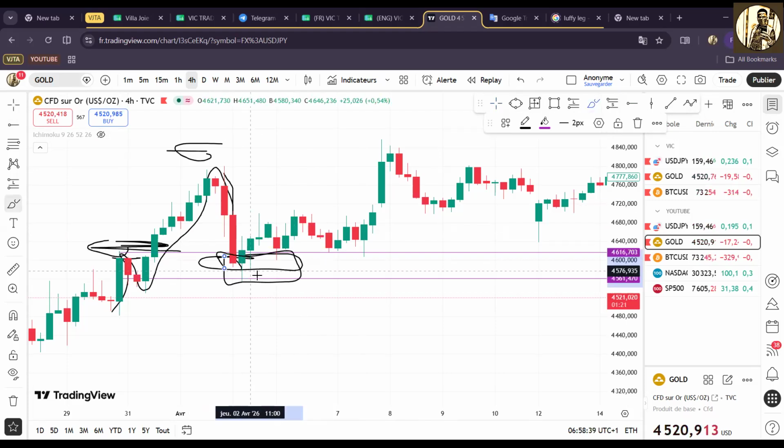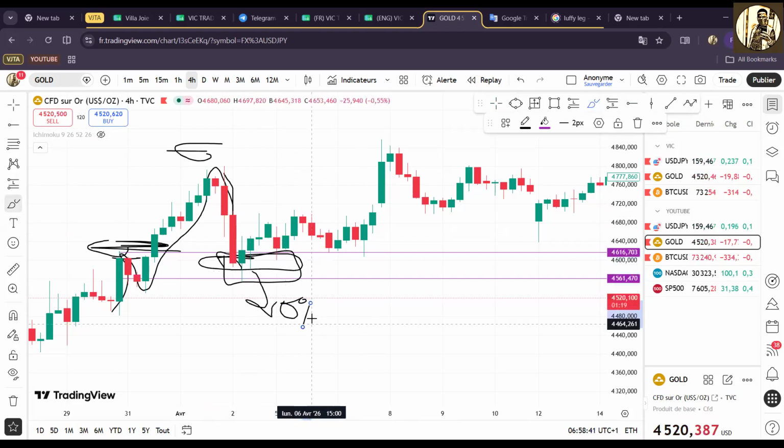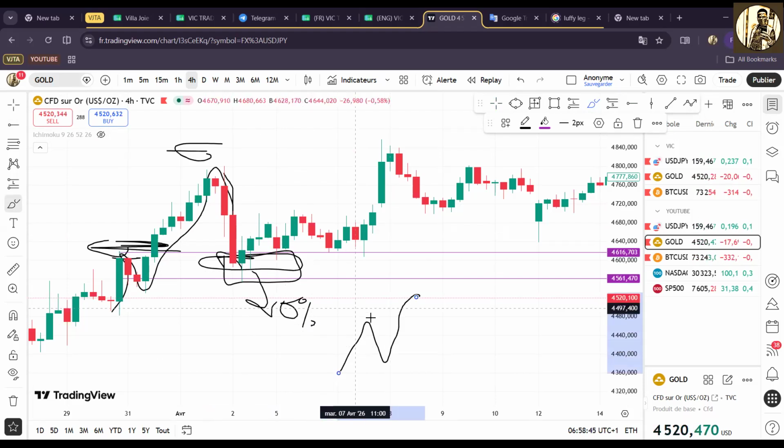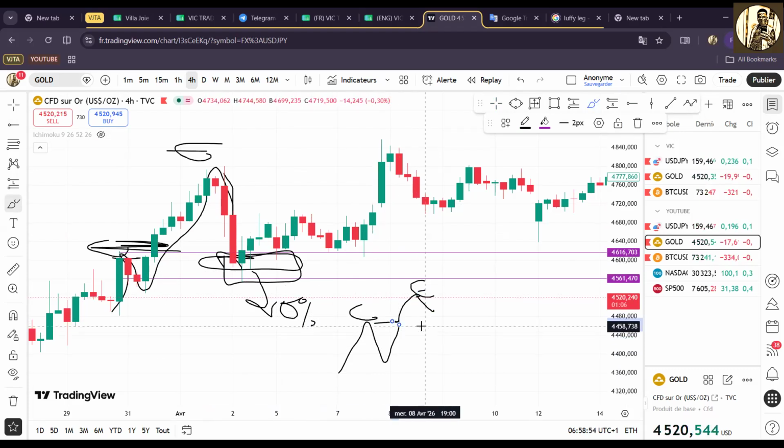That is the zone. It has zero probability to go down. Why is the probability zero to go down? Because when the Mount Everest breaks the Mount Cameroon like this to the upside, this break of the high to the upside is a graphical proof that when the price falls down, you have zero probability to break this low.